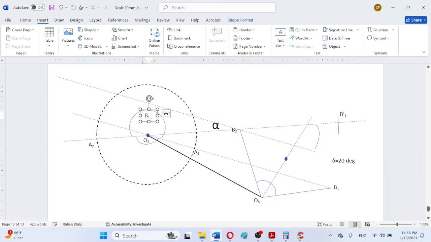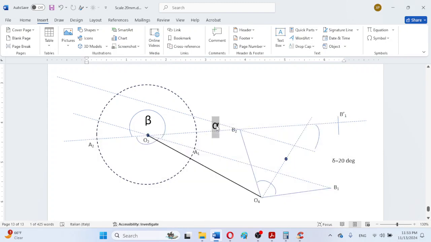So this is angle beta, and this is angle alpha.